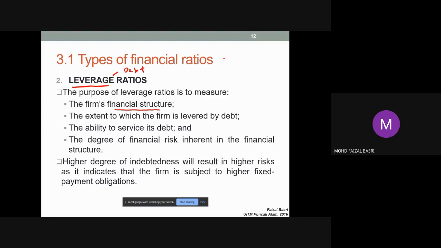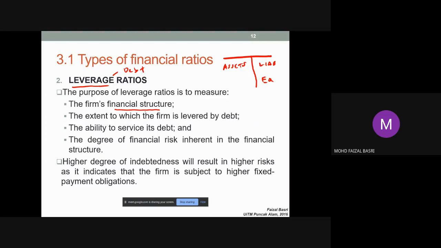Remember, when you look at the balance sheet, we have assets, we have liabilities, which is debt, and also equity at the bottom. So the firm's financial structure refers to the composition of liabilities versus equity. You want to see whether this company is more on the liability side or on the equity side. We want to know the composition, which is known as the financial structure of the company.